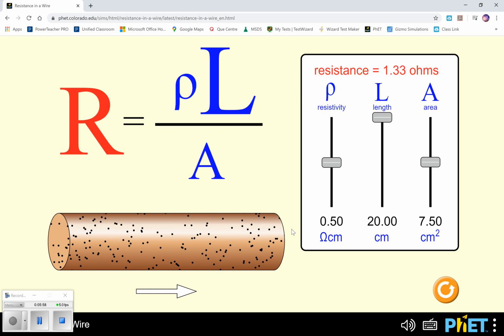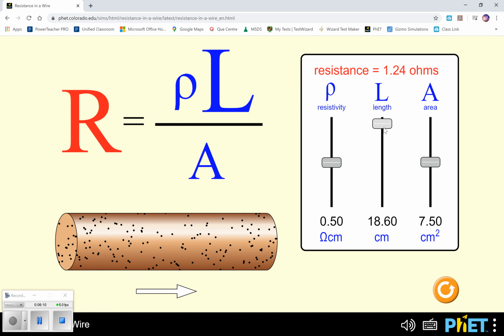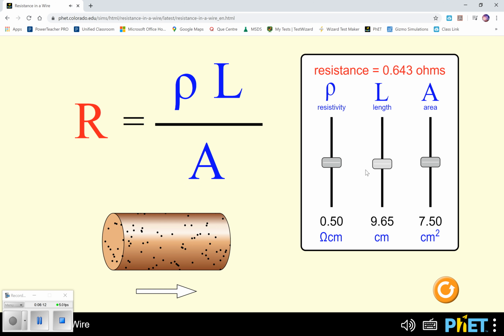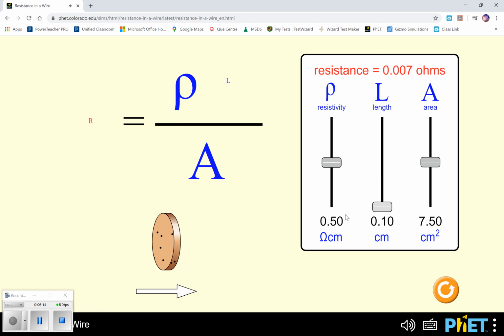The longer that wire is, the more chance for more collisions through the wire, which means that flow of electrons is going to encounter more resistance. The shorter we make that wire, the less resistance we have. Less chance for electrons moving through here to run into other atoms to cause opposition to the flow of those electrons.